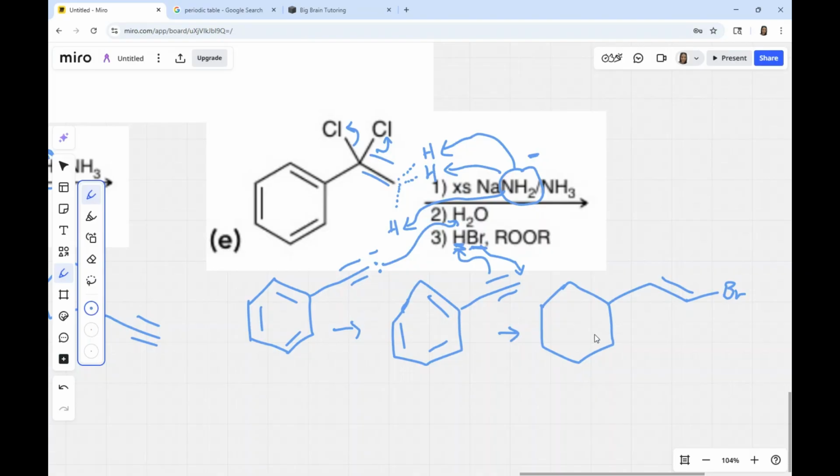But I think it can be added either cis or trans. And so this can be a final answer, or your other answer can be this. Something like that, right? Or this can be your other answer. So either of these work.